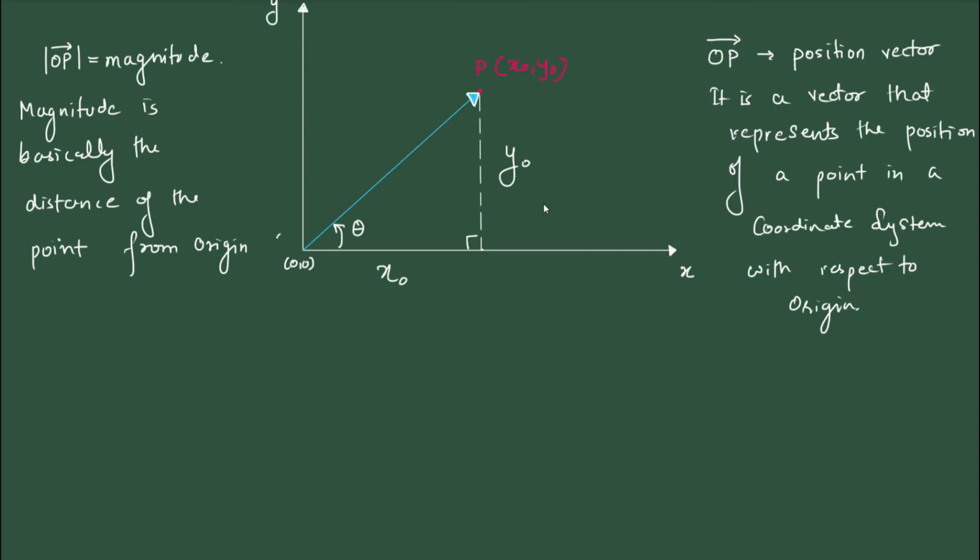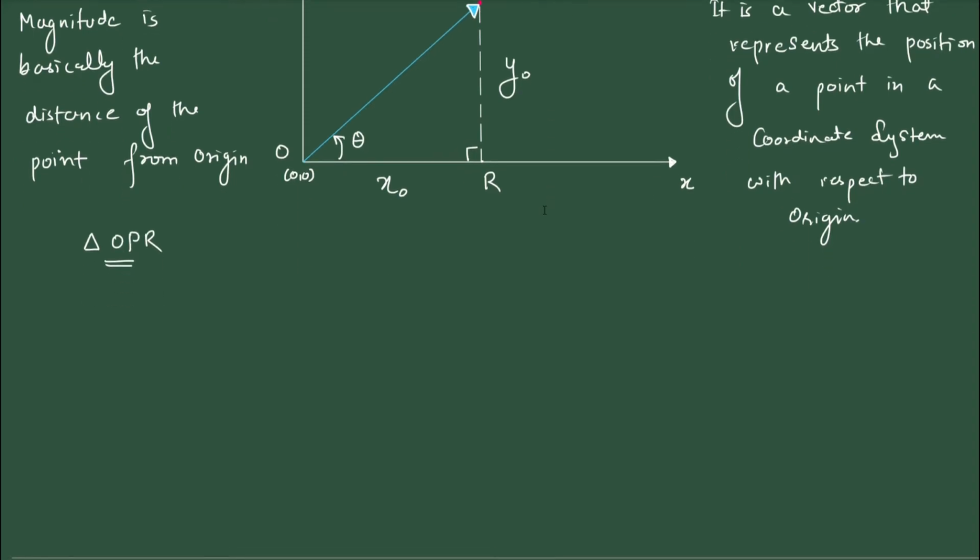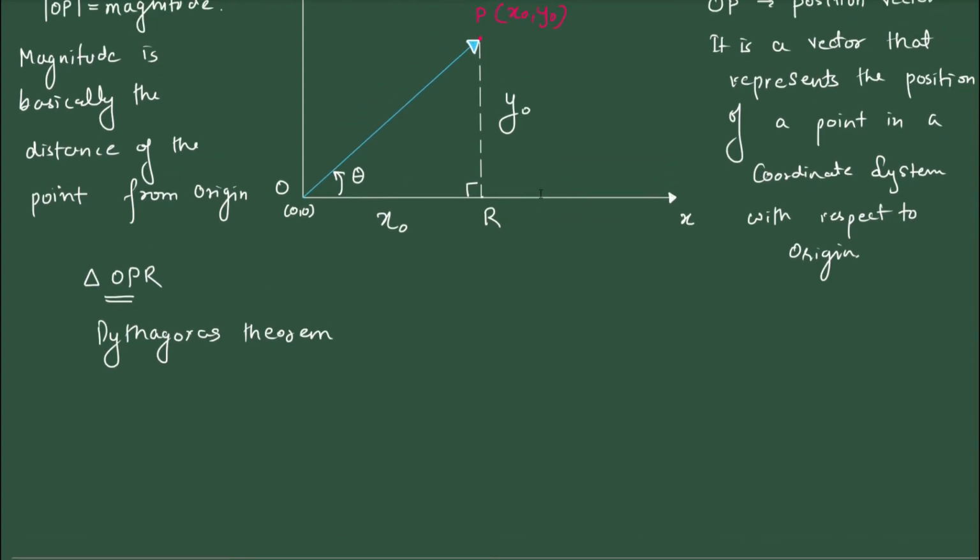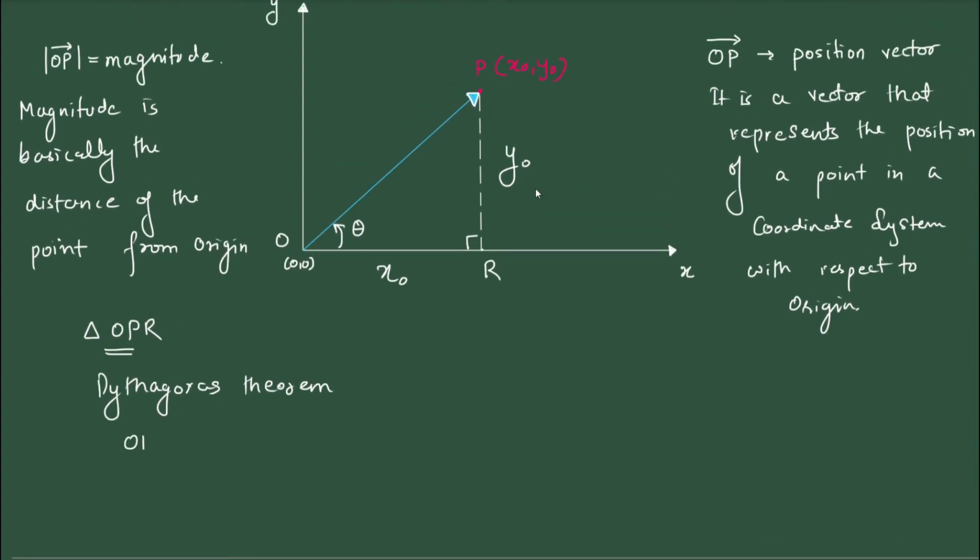I'm calling this point O, this is P, and this is R. Now in triangle OPR, if I apply the Pythagoras theorem, then it says the magnitude of OP square is equal to OR square plus PR square, which is hypotenuse square is equal to perpendicular square plus base square.